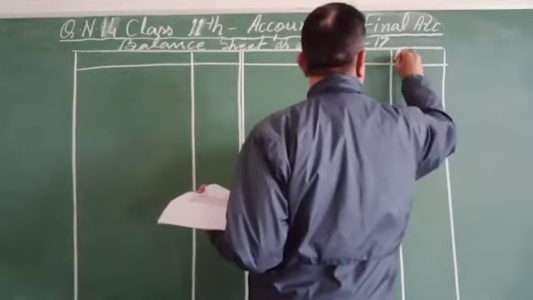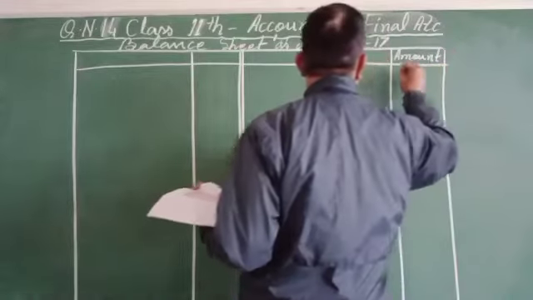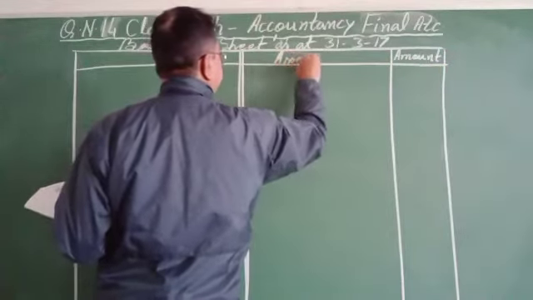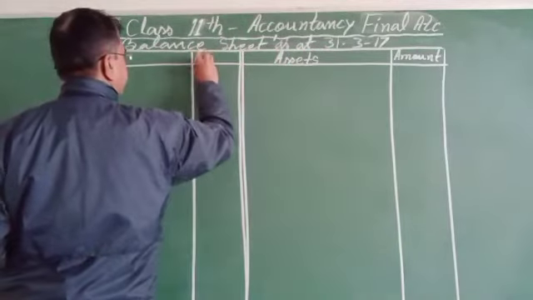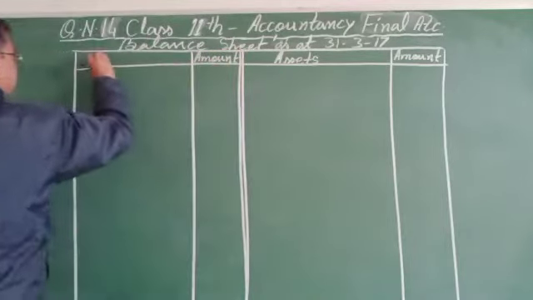This is the amount column, and this one is the assets, amount, liabilities.